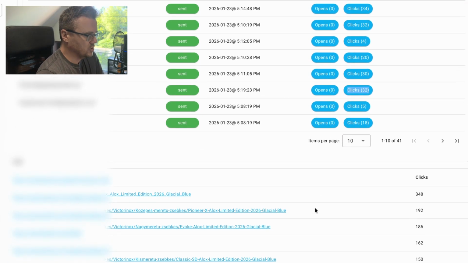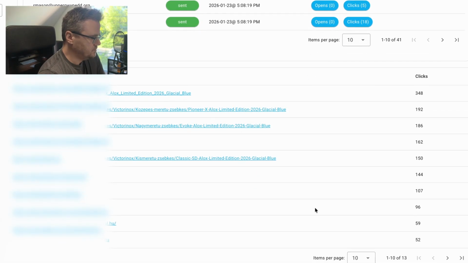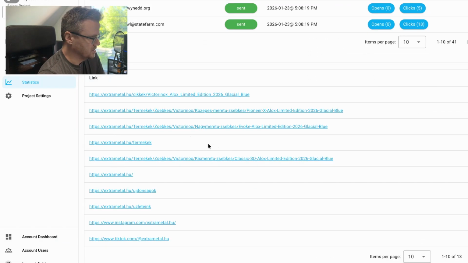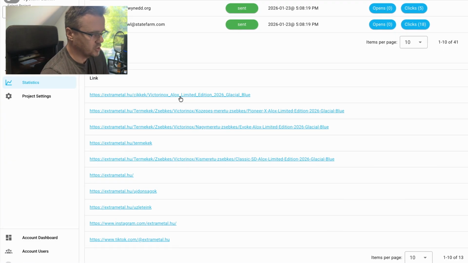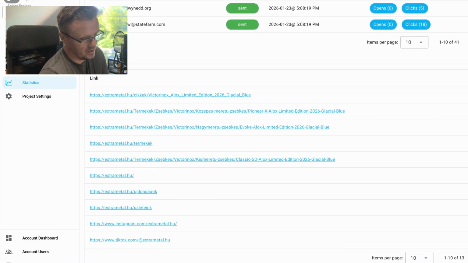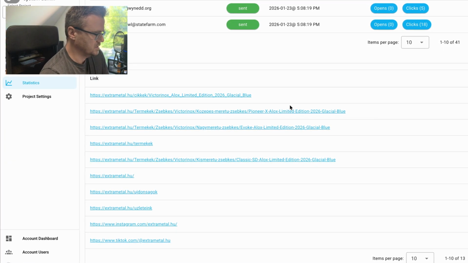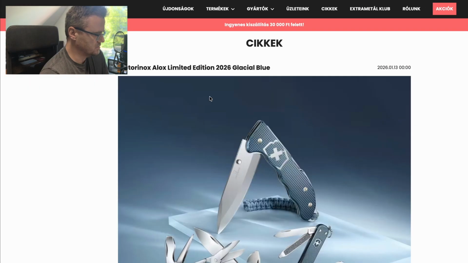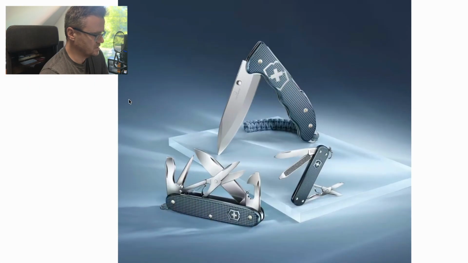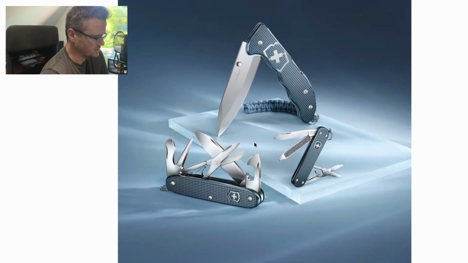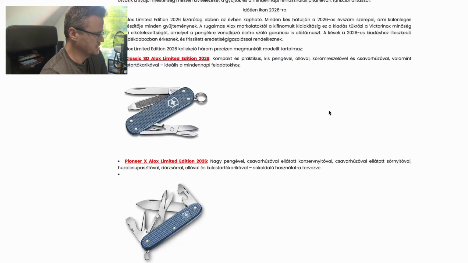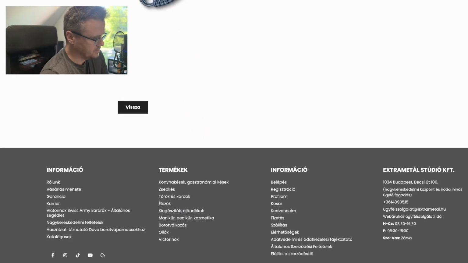And if you scroll down further, this is a really cool one. Here you can see which links were clicked and how many times. So as you can see, this was about announcing this collection of Swiss Army knives, and it's talking about this article.